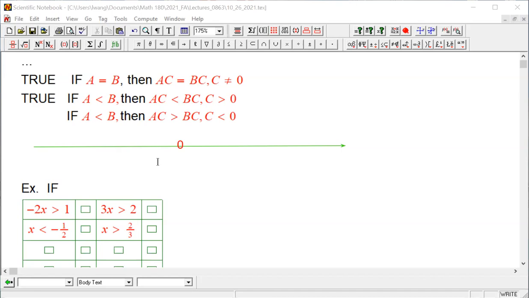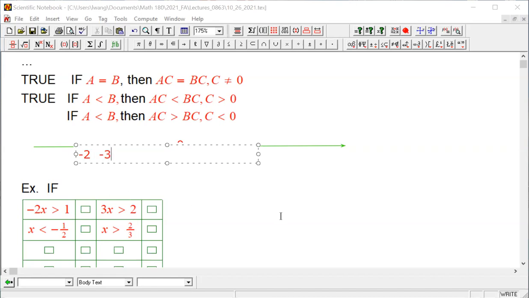On this side of the number line, we can say 2 is less than 3, right? 2 is indeed less than 3, yes? Do you agree 2 is less than 3? Are you guys with me? But if you multiply a negative number on both sides, if you multiply 2 and 3 by -1, you get -2 and -3.